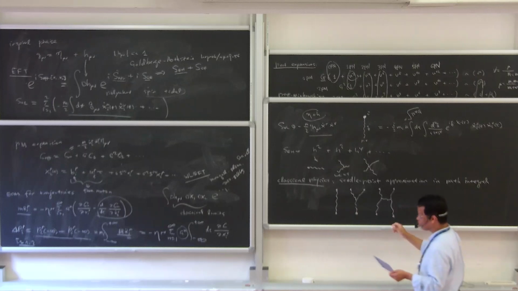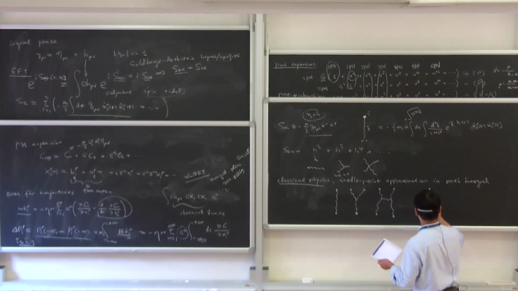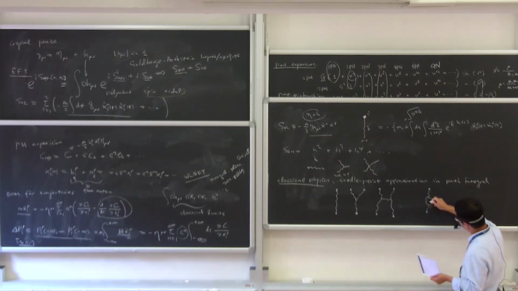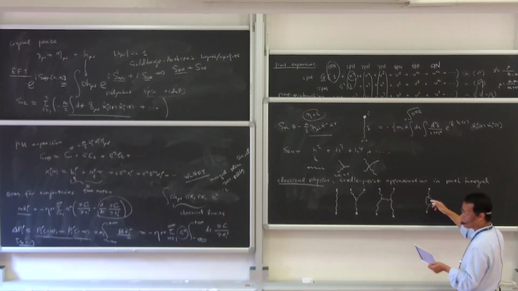For example, we never consider this kind of diagram. Sorry, it's ugly. This is a graviton loop, and this diagram contributes only to quantum gravity.